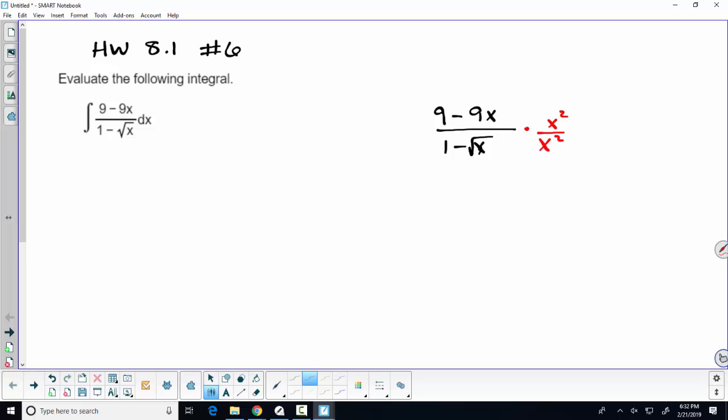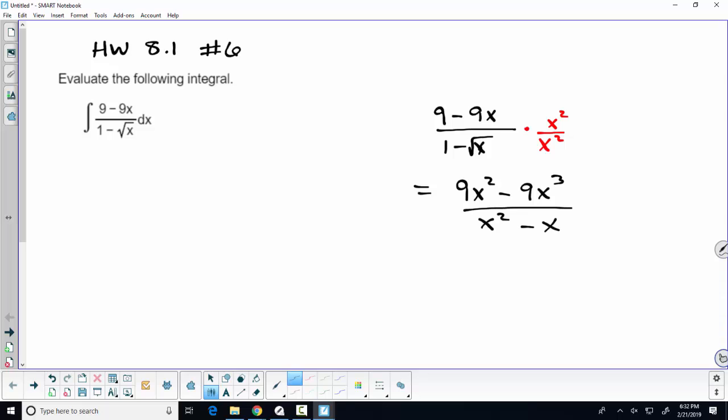So that way we can get rid of that radical there. So we end up with 9x squared minus 9x cubed over x squared minus x.